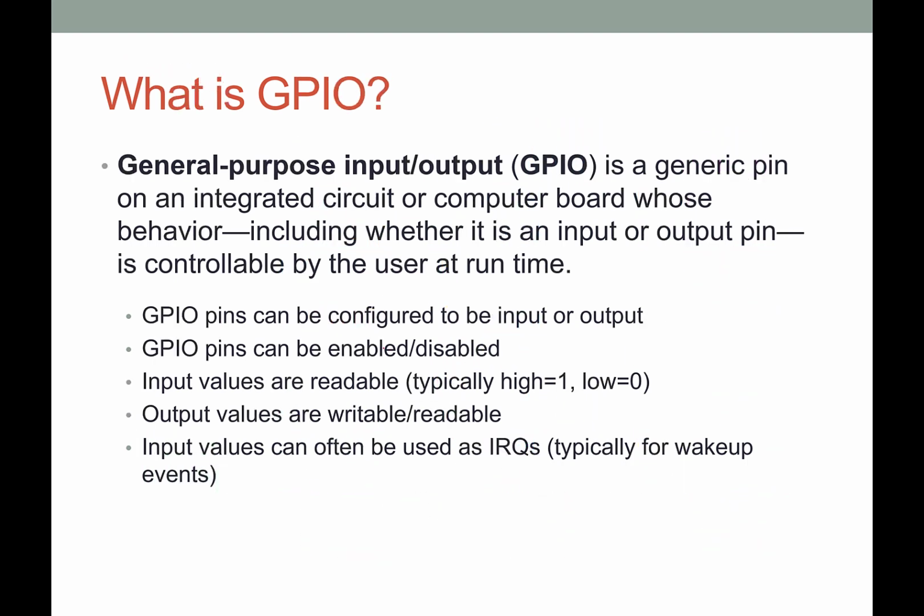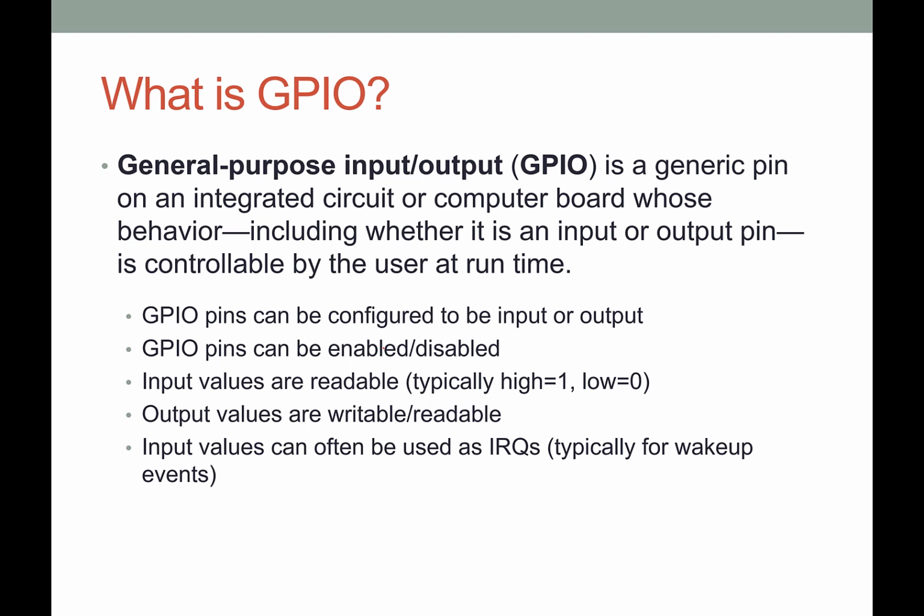Okay, so here's just a sort of generic idea of what's going on with the GPIO ports. It's just a pin that is on an integrated circuit in the microcontroller, and it is able to be either an input pin or an output pin, and we get to configure that at runtime. We can enable and disable the pins.